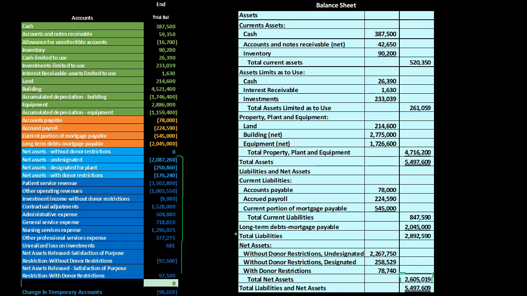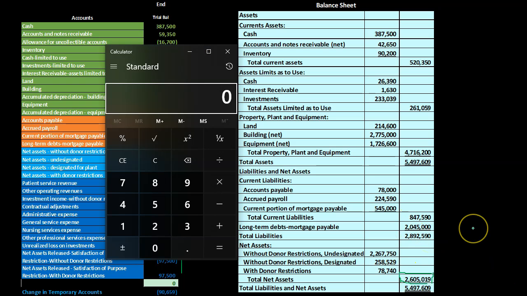In other words, you can add up the liabilities, 2,892,590, and the net assets, 2,605,019. That should add up to the 5,497,609, which equals the total assets. Then you know you're in balance.